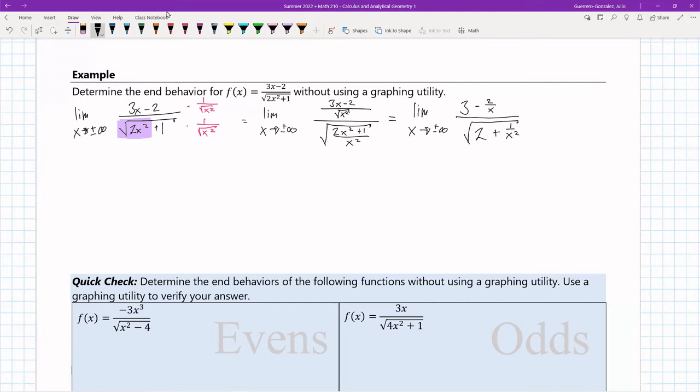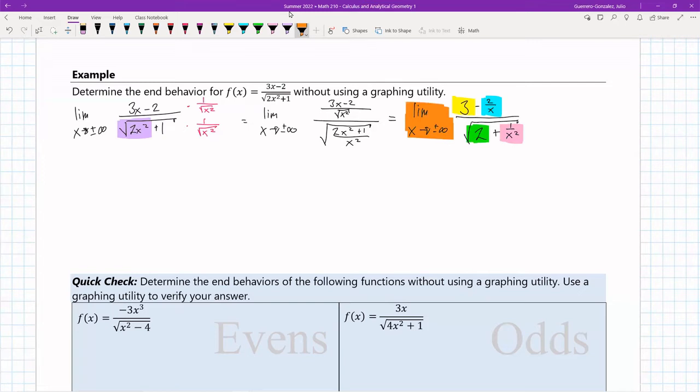Nothing horrible yet. Now we're going to be able to use this idea that we just presented up above. The way I'm going to do it is, good thing I have that many highlighters, I'm going to look at the limit of each one of these as x approaches infinity.